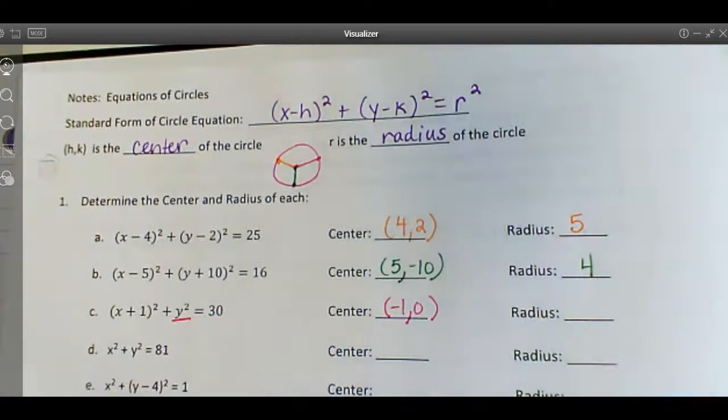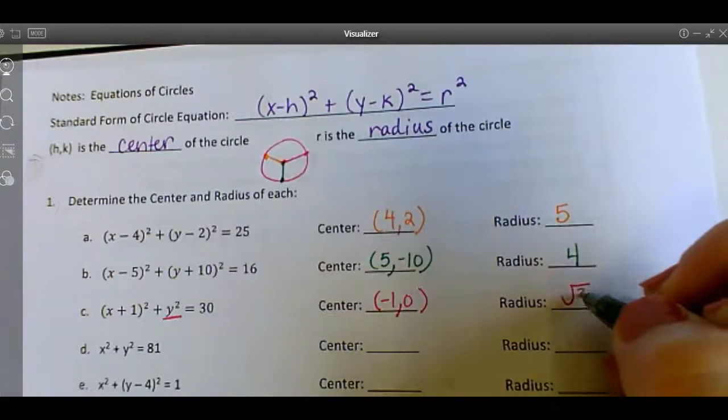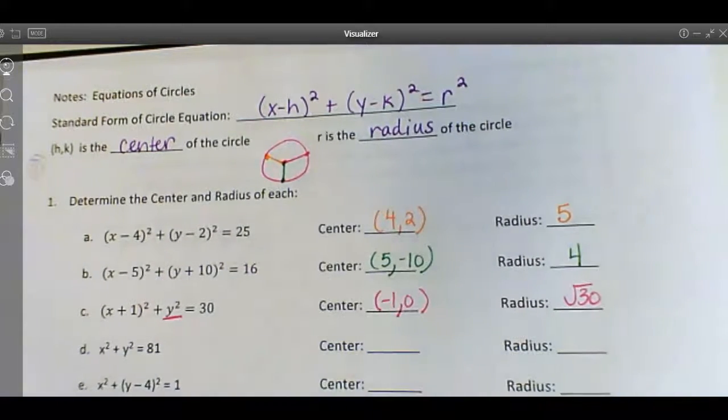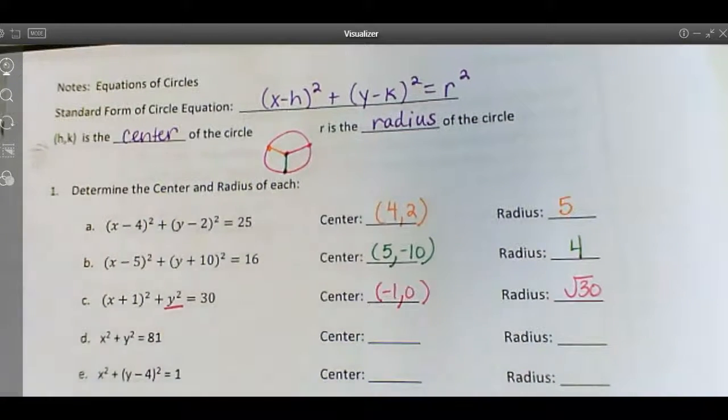And then it has a 30 here. We can't take the square root of 30, like we don't know what that is. We could find the decimal, but we'll just write the radius as square root of 30. So I wanted you to see that one so that you would know that sometimes you're going to have a square root there, and that's okay. Okay?